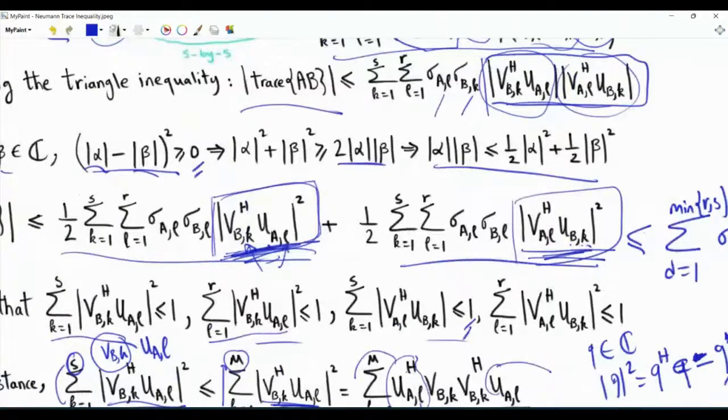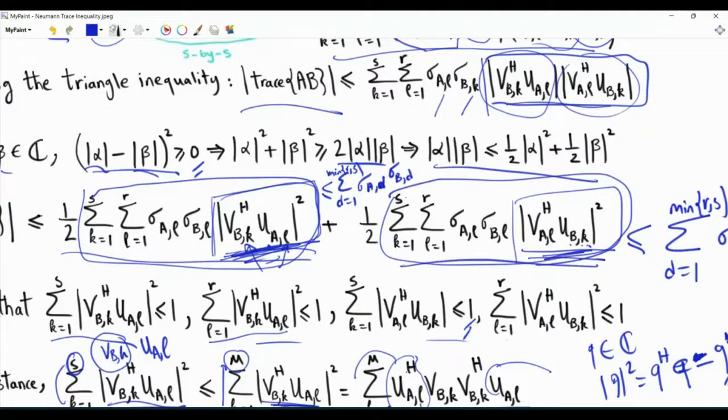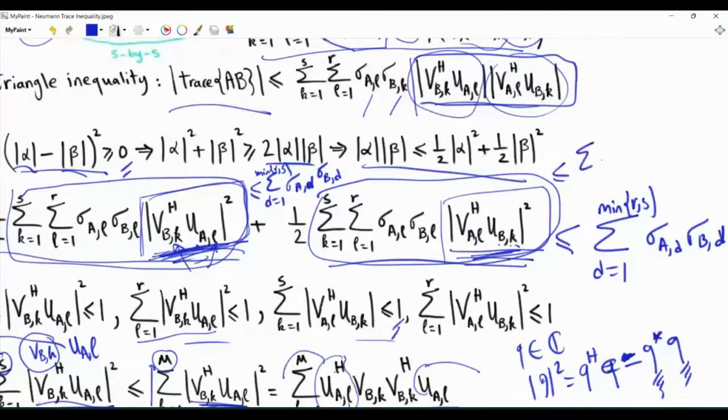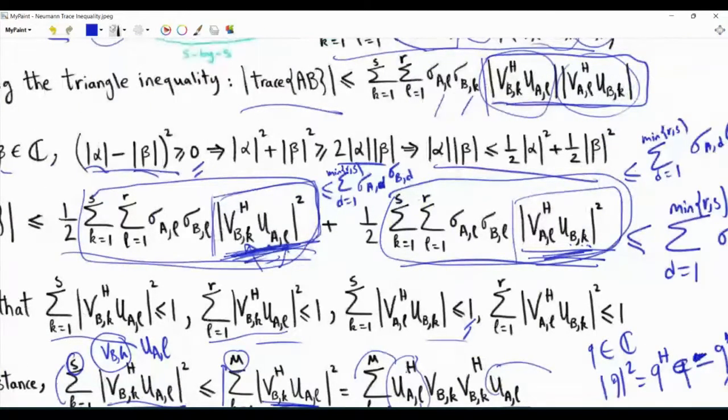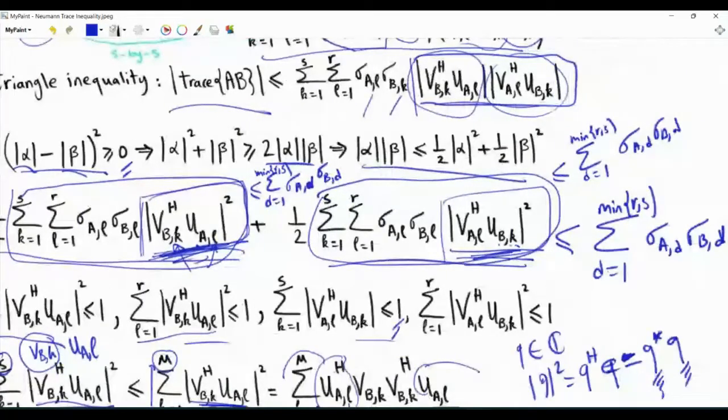Now if we can show that this double sum here is upper bounded by the summation d from 1 to the minimum of r and s, sigma_A_d, sigma_B_d, and if we can show that this double sum is upper bounded by the same quantity, then basically the upper bound on the magnitude of the trace will be 1/2 this summation here plus 1/2 this summation here. So it will be upper bounded by the summation that is in the theorem.